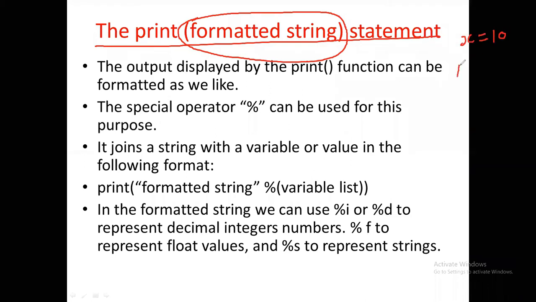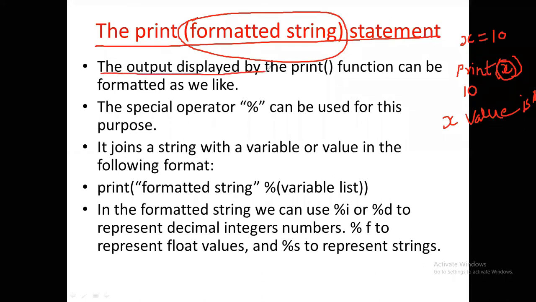Now if I print the x value, what is the output? It prints only the 10. I want the output like this: x value is 10. Then I need to change the format string.